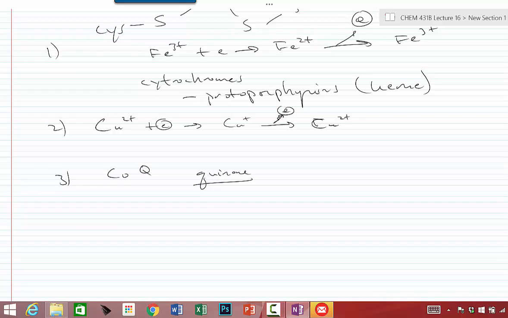So these are isoprene units, and you can see that they actually get conjugated one after another. And this is going to be a very hydrophobic tail. That hydrophobic tail has no electronegative groups on it at all, and it's important for keeping Q embedded in the inner mitochondrial membrane, okay?